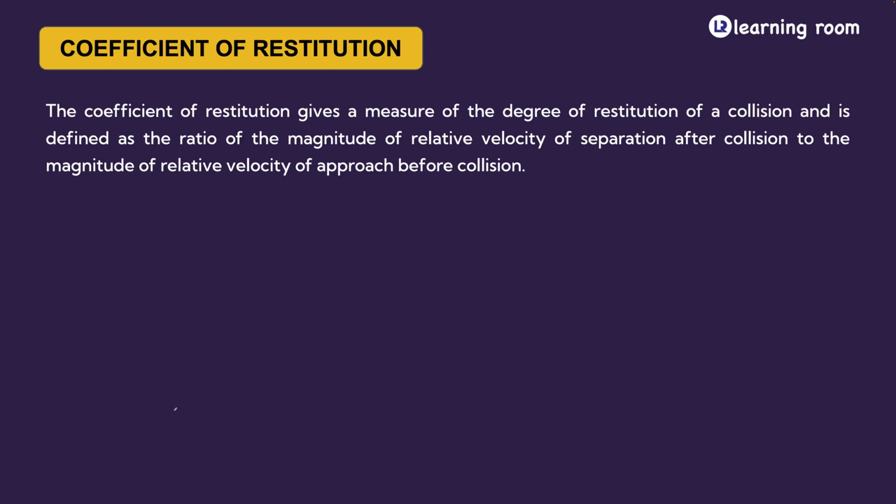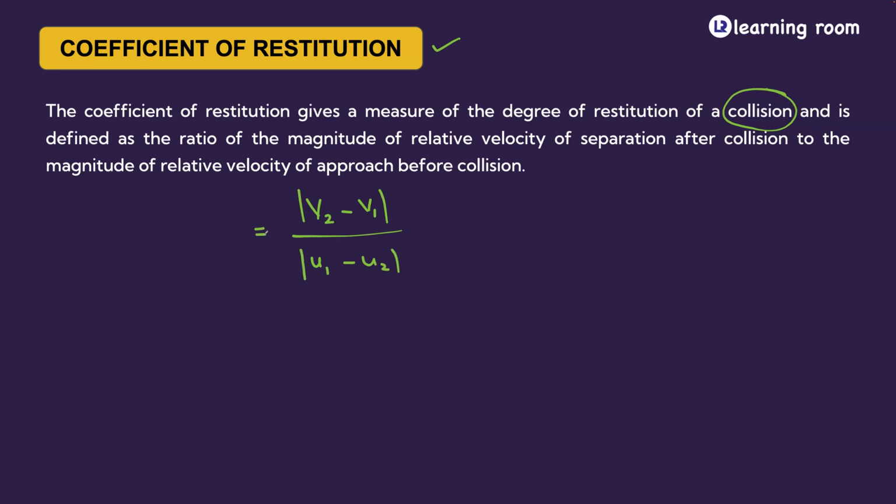So the next topic we are going to see is coefficient of restitution. Coefficient of restitution is going to give us the measure of degree of restitution of collision. And how is it defined? It is defined as the ratio of the magnitude of the relative velocity of separation, so it is modulus of V2 minus V1 divided by modulus of U1 minus U2, right?